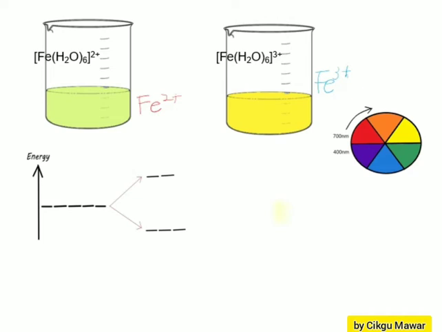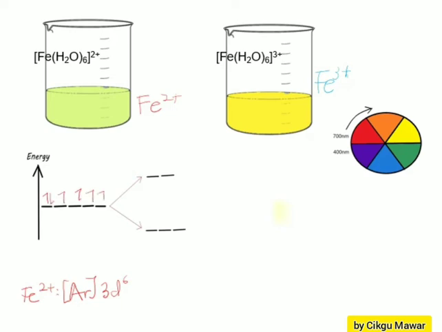We take a look at iron 2 plus first. As we did earlier, what is the central metal ion electron configuration for iron 2 plus? Its electronic configuration is argon 3d6, as only the 2 outer electrons are removed. For the degenerate orbitals, fill the electrons first, 3, 5 and 6.